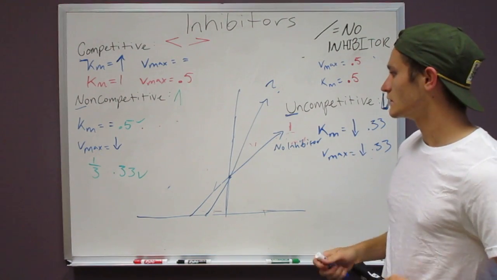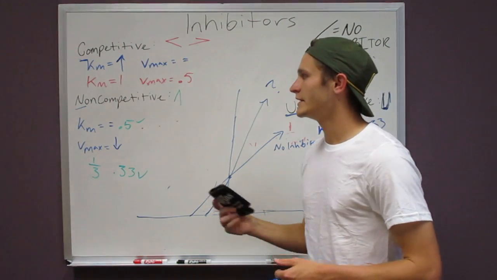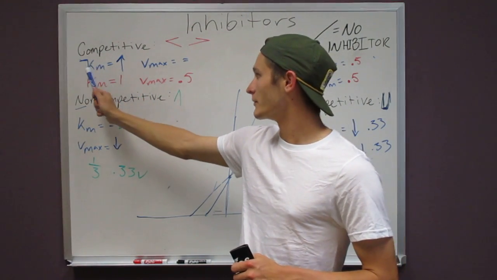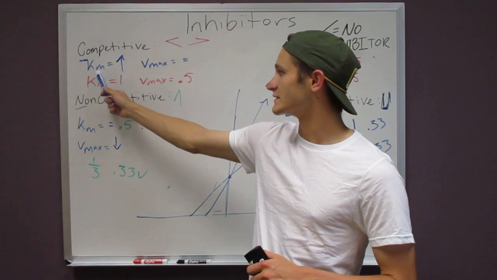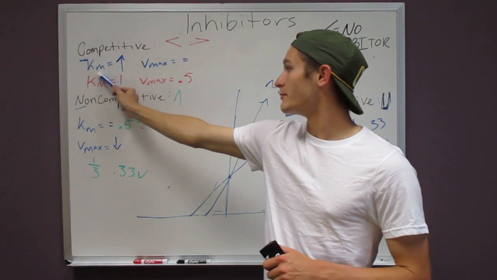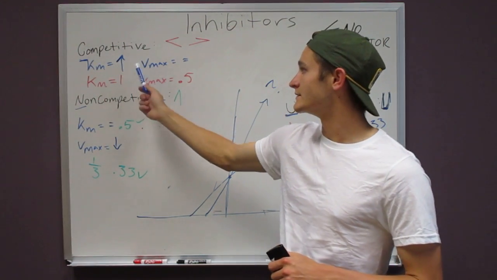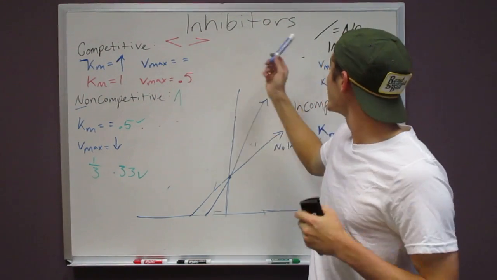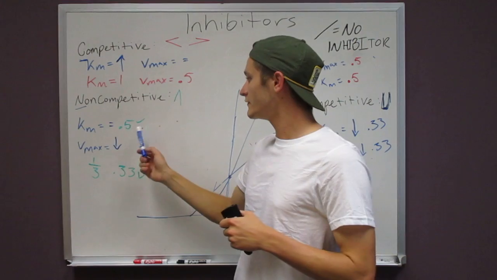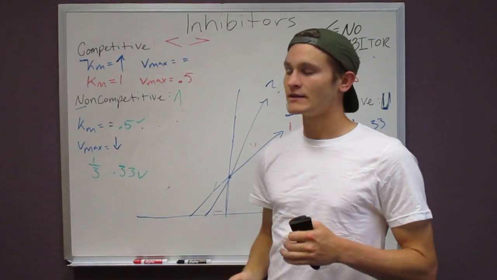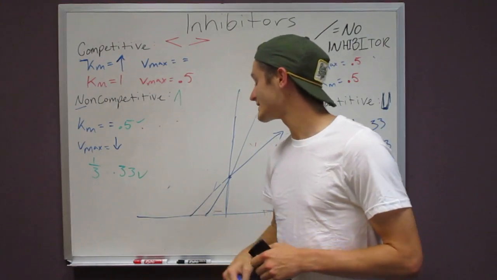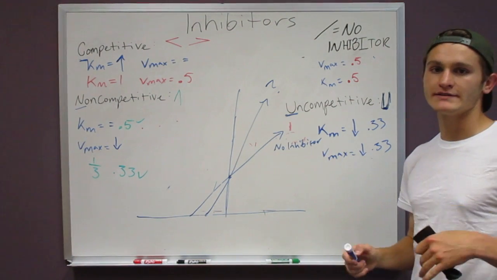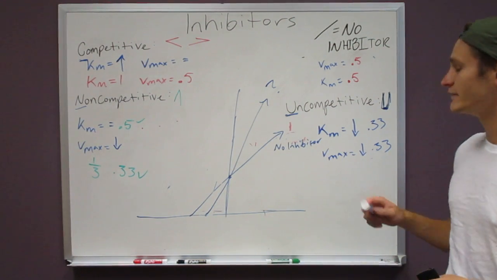So fairly simple. You guys may need a review. These are very important to remember, so I would definitely go back and remember that for competitive inhibitors, the Km is greater than and the Vmax is equal to the no inhibitor. The non-competitive has a Km that is equal and a Vmax that is less than. The uncompetitive has both less than, so Km will be less than and the Vmax will be less than.